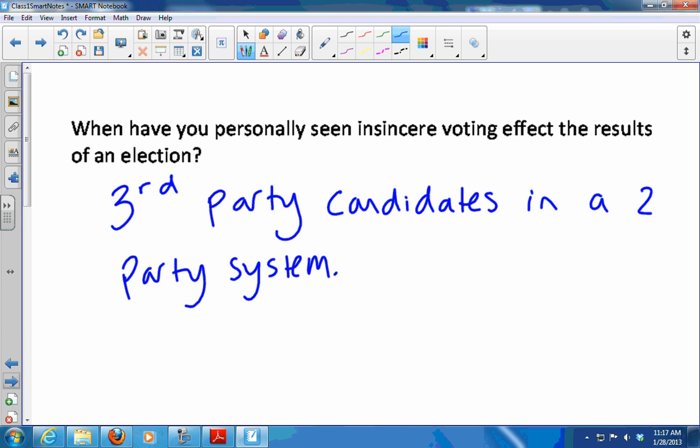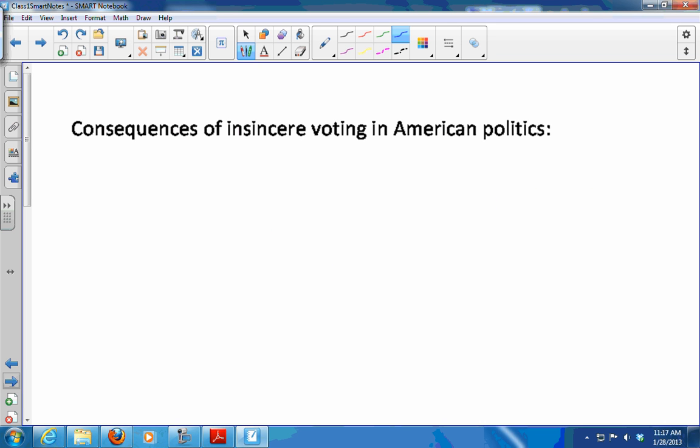The most well-known one is probably Ralph Nader in 2000, where it was so close between the two major parties, a lot of people who might have voted for Nader instead voted for Gore to prevent George Bush from winning the election. And that's the consequence of insincere voting in American politics, that it's very hard to get a third-party candidate to be taken seriously.